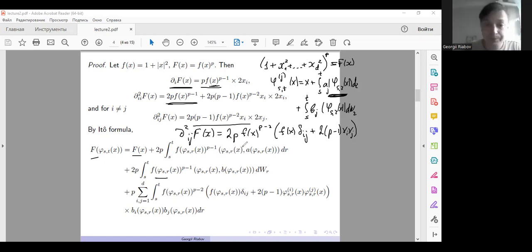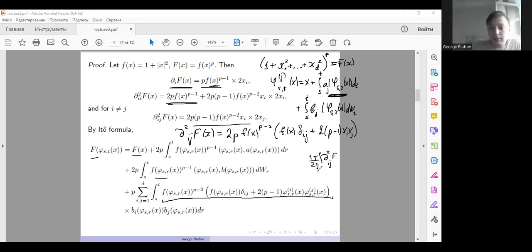And one more term in the Ito lemma is one half the sum over i and j of the integral of the second derivative of f, which is here.